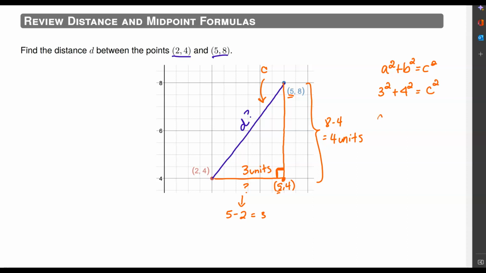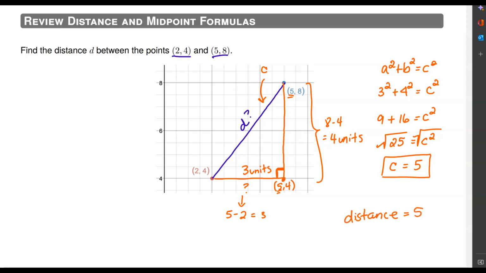So 3 squared is going to give me 9, plus 16 equals c squared. Well, 9 plus 16 gives me 25. Now I'm going to take the square root of both sides, and I see that c is equal to 5. In this case, it only equals 5 and not negative 5 because we're talking about a distance. So that means our distance is equal to 5 units.